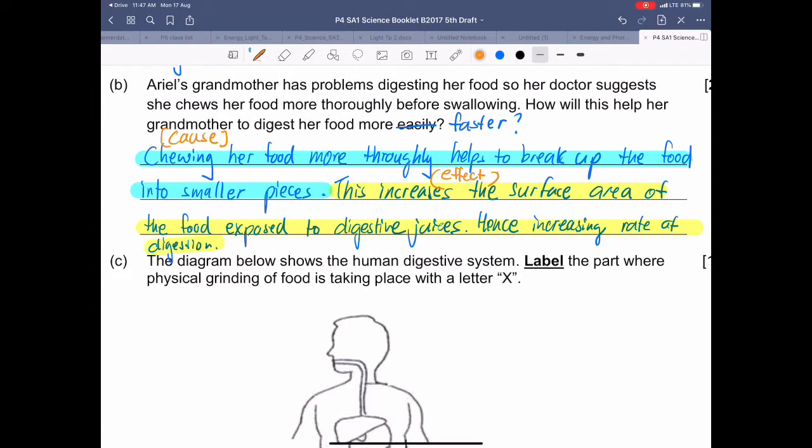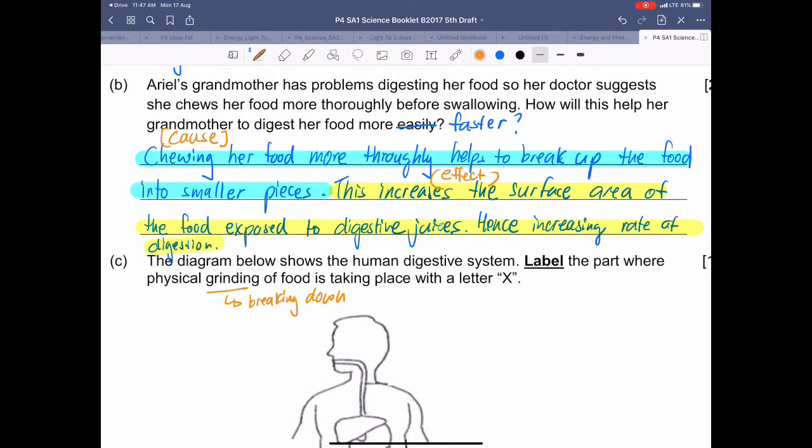Okay, the next question. The diagram below shows the human digestive system. Label the part where physical grinding of food is taking place with the letter X. Now, grinding means the breaking down. No, actually they are referring to the mouth.